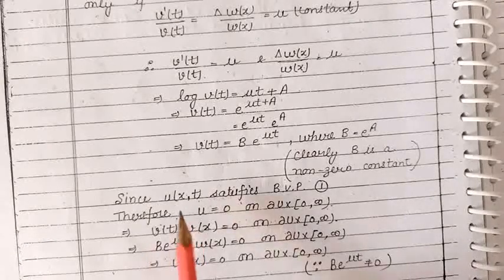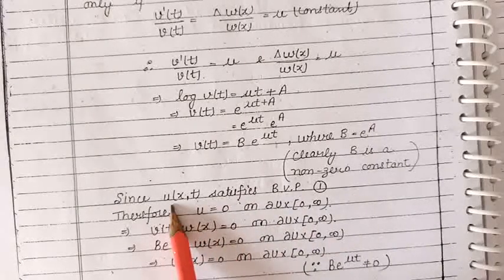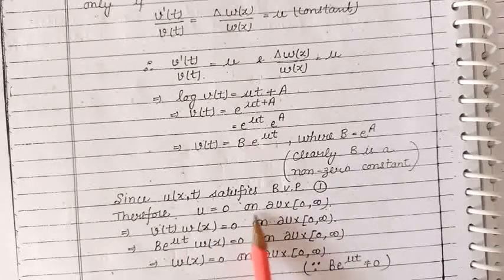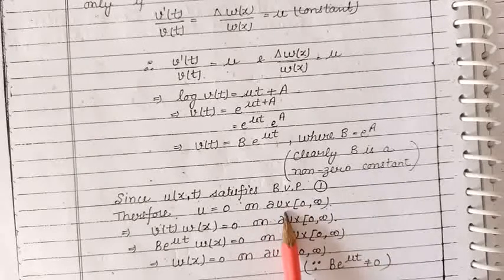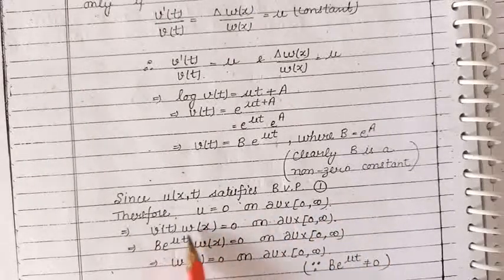The function u satisfies the boundary conditions, because we have taken u as the solution of the given boundary value problem. The first condition says that the value of u is 0 on the boundary of U cross the semi-open interval 0 to infinity. Now the value of u is v into w.